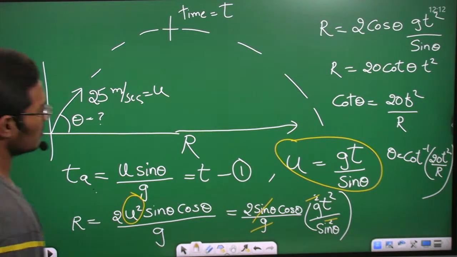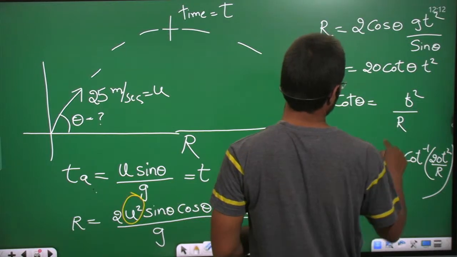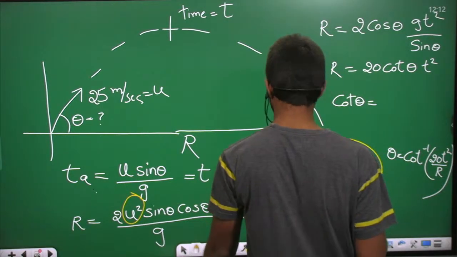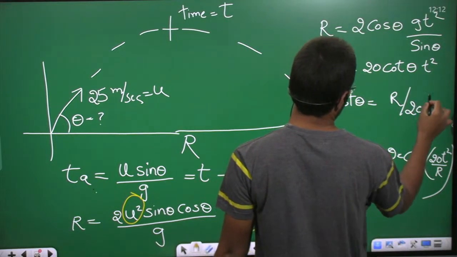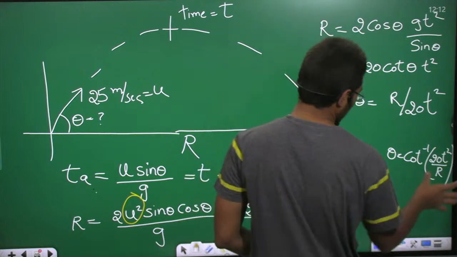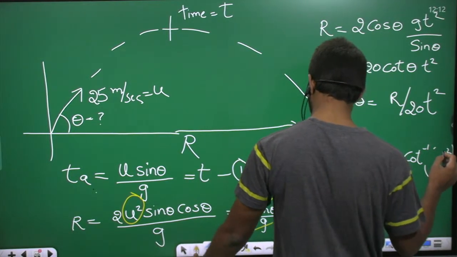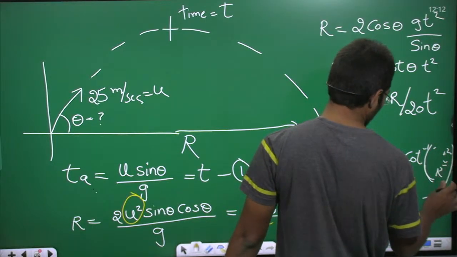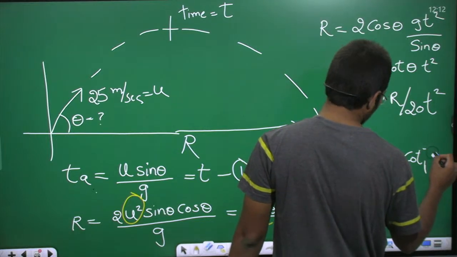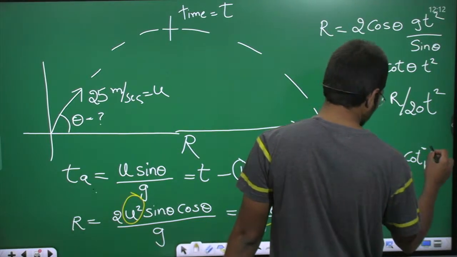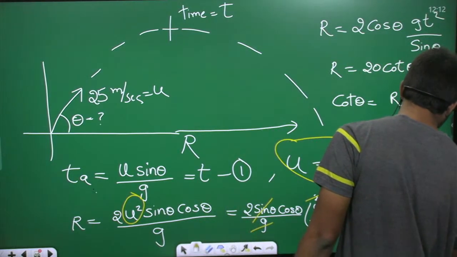Sorry, small mistake here. Cot theta is equal to R by 20 t square.